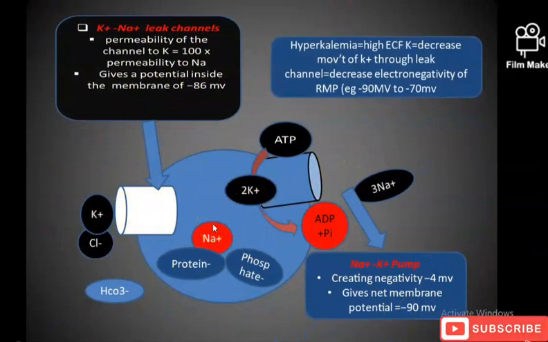So when these potassium channels accumulate within the cell, it decreases the resting membrane potential from minus 90 millivolts to minus 70 millivolts. So when the resting membrane potential decreases from minus 90 millivolts to minus 70 millivolts, it can cause the opening of the voltage-gated sodium channels with small stimuli.